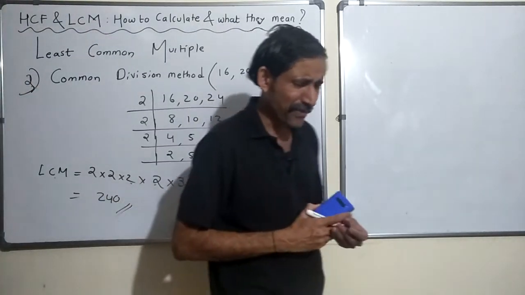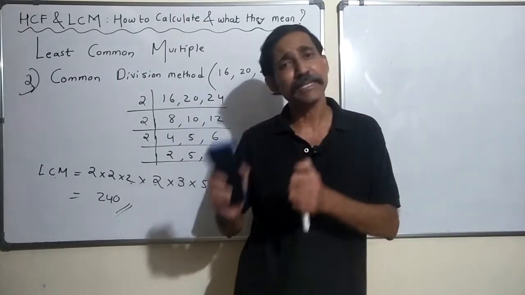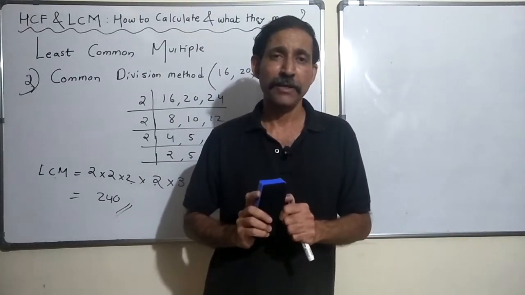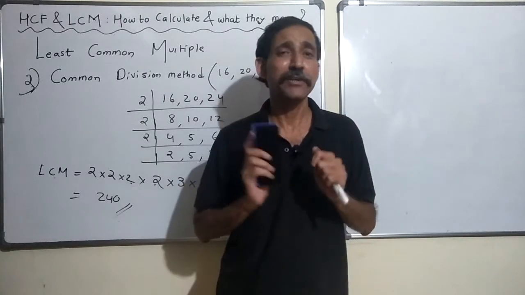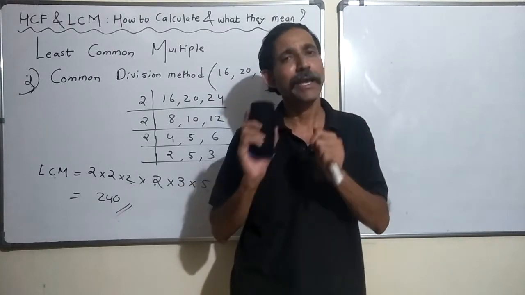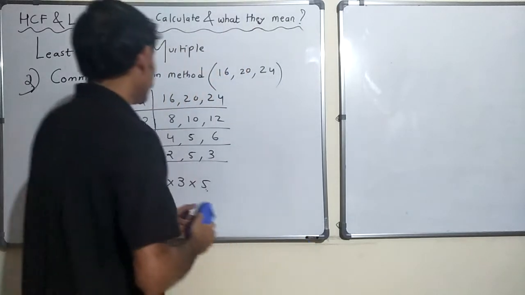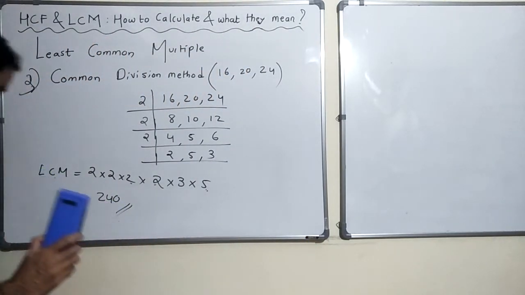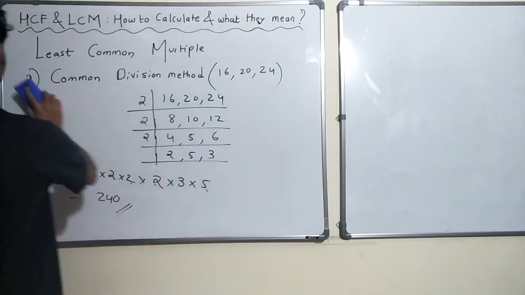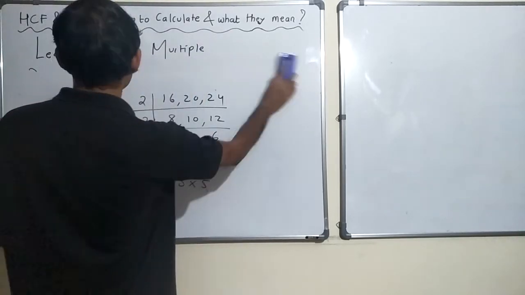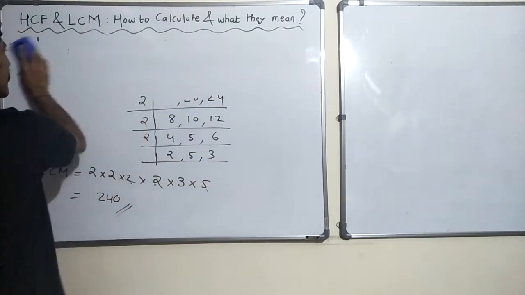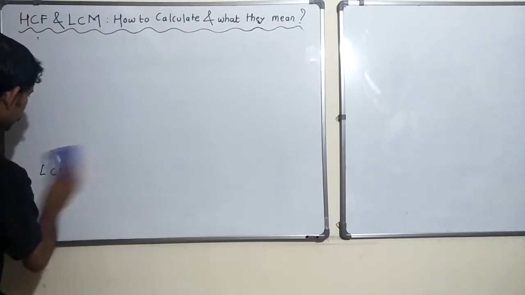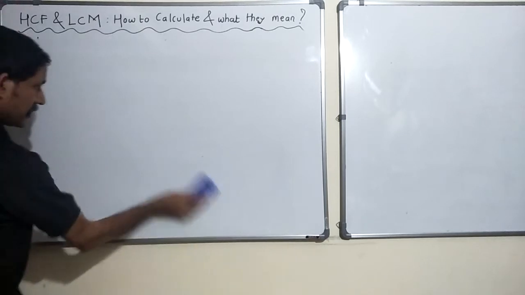So whether it is HCF or whether it is LCM, okay, whatever method you employ, if you are doing it correctly, the answer is going to be the same using any of the methods. Okay, all right. So this was the third method that we did. And this is also the last method for LCM. All right.